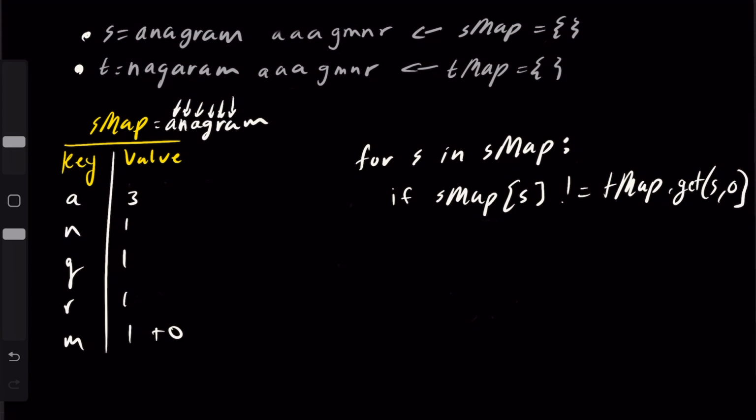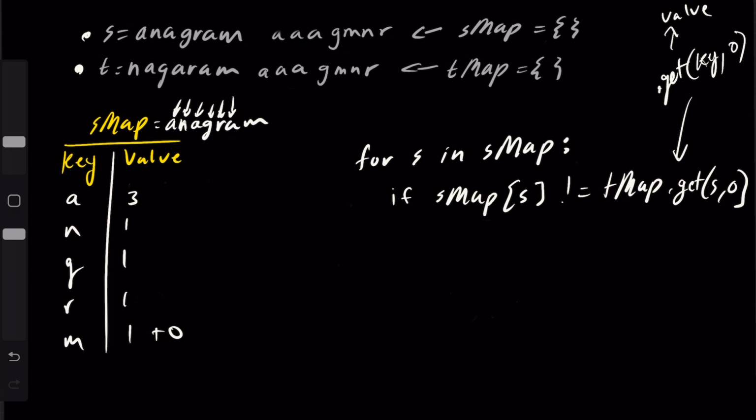Right, and so what .get is doing, .get is a function in Python that gets the value. It should look like this. It gets the value, but you input the key, and if there is no key in there, you set it to the default value, right?